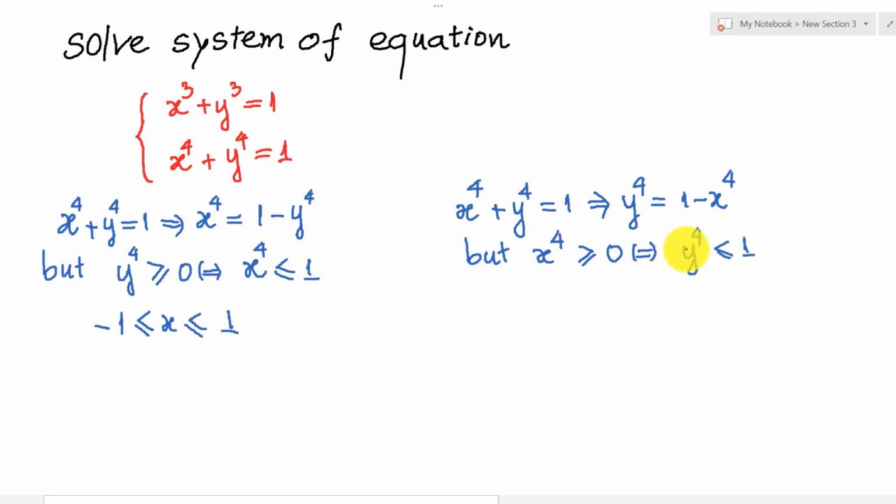And if y^4 is smaller than or equal to 1, we get -1 is smaller than or equal to y, and y is smaller than or equal to 1. Okay, now from -1 is smaller than or equal to x, and x is smaller than or equal to 1.